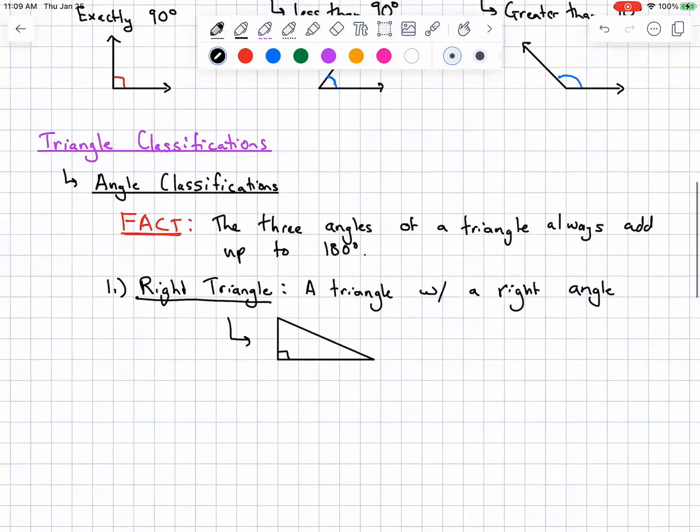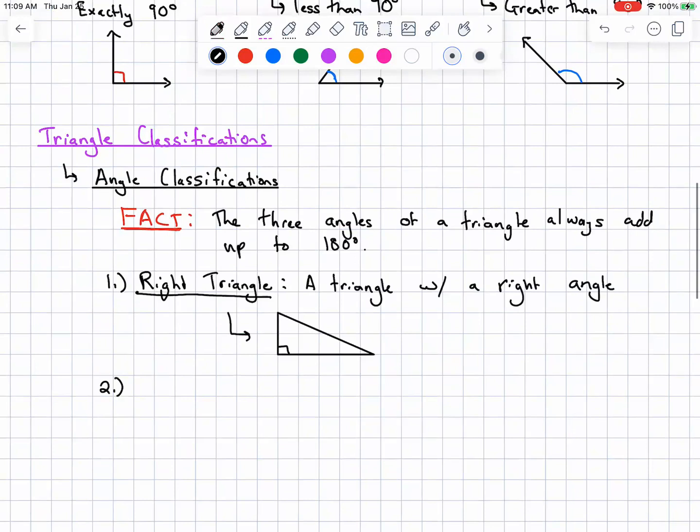Then you have two, which is an acute triangle. Which is a triangle with all acute angles.